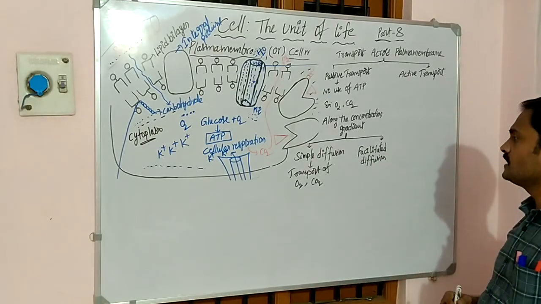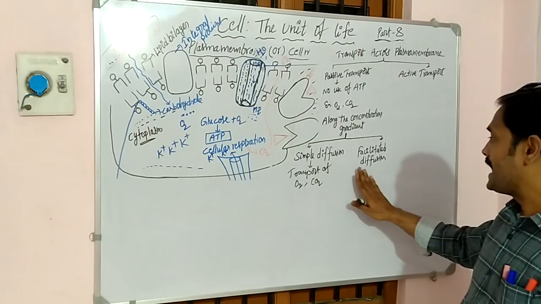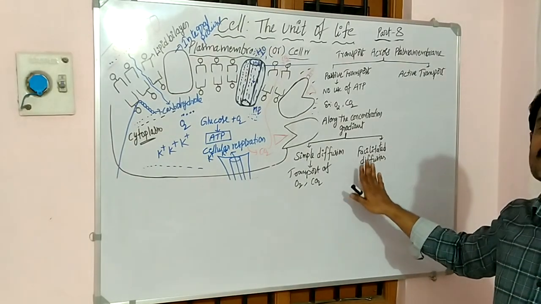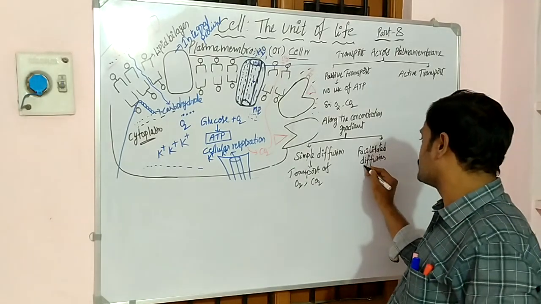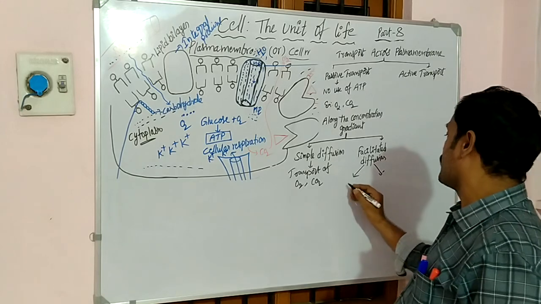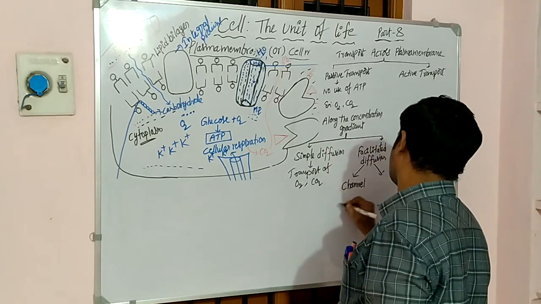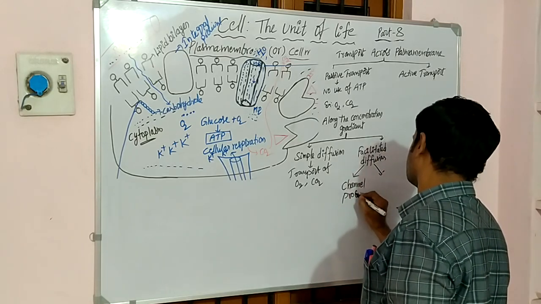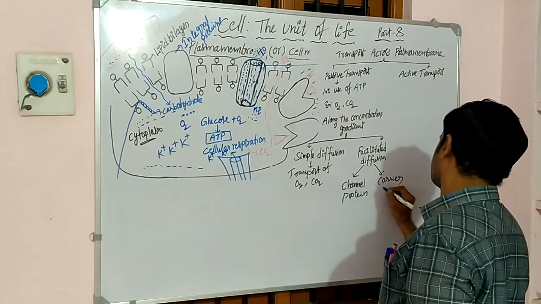Okay, what about facilitated diffusion? Facilitated diffusion takes help from some proteins. What kind of proteins? One is called channel protein. The second one is called carrier protein.